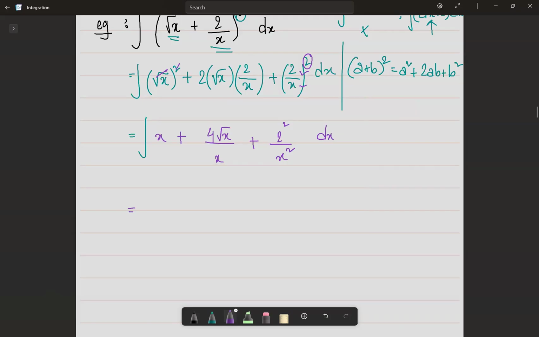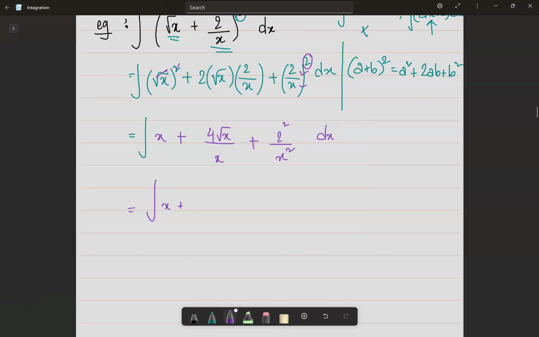So what we are supposed to get is integration of x plus, because we cannot integrate yet, that's why I am not removing this integration and the dx sign. We need to simplify these first.